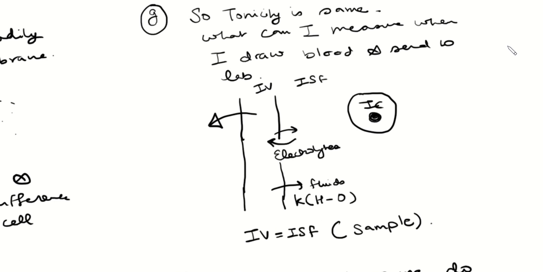Okay, so here are some concepts. Remember we talked about when I draw blood from somebody's blood vessels, I put a needle in somebody's blood vessel, I get the blood and I send it to the lab.